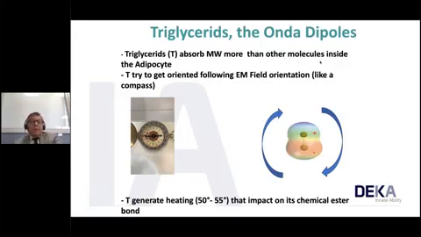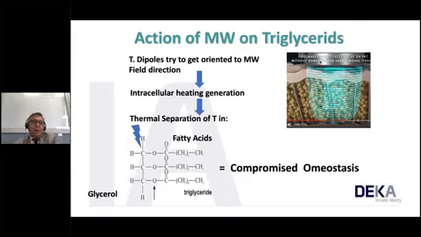Triglycerides absorb microwaves more than other molecules inside the adipocyte. Triglycerides try to get oriented following the electromagnetic field orientation like a compass and generate heating at approximately 50-55 degrees that impacts on its chemical ester bond.